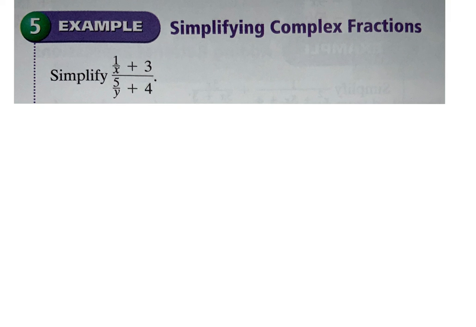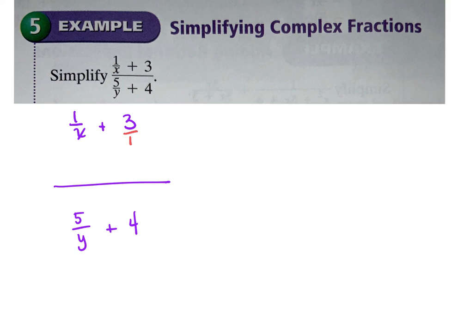All right? So for this top one, I'm going to look at the 1 over x plus the 3, and then the 5 over y plus the 4. I'm going to figure out what my common denominator is individually. So this is over 1. What is my common denominator up here at the top, between x and 1?